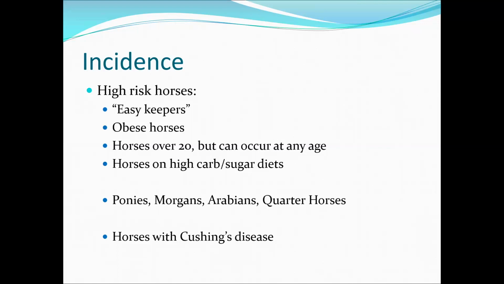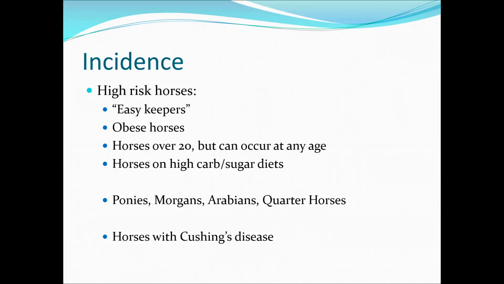All right. It can occur at any age. This says horses over 20, but I've seen it in all age groups, more often in your late teens, but certainly can happen younger if they're fat. All right. It happens more often in horses on high carb and high sugar diets. All right. So they tend to get fatter and have more issues.